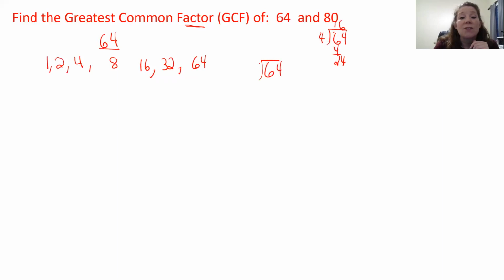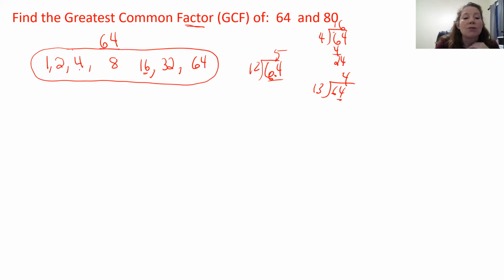I don't think 12 is a factor, because 12 times 5 is 60. Is 13 a factor? 13 into 64? Nope, that's not a factor. And 14, 15 is not a factor. And then we'd start repeating. So all the factors of 64 are 1, 2, 4, 8, 16, 32, and 64.